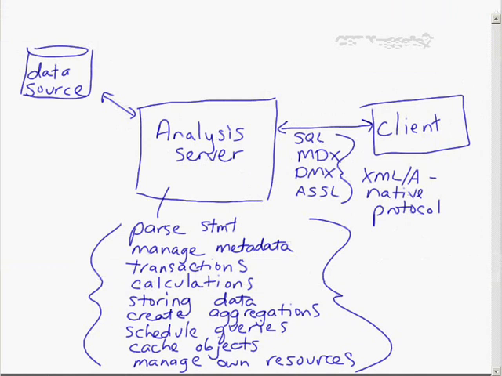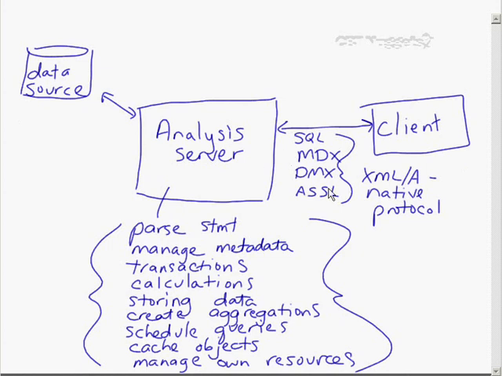Your analysis server runs as a separate service, separate from the database itself. Your analysis server is going to communicate with the data source, and it can be multiple data sources. You might have some SQL Server databases, you might have some Oracle, DB2, and so on. As many data sources as you'd like. You can have multiple clients communicating with your analysis server.